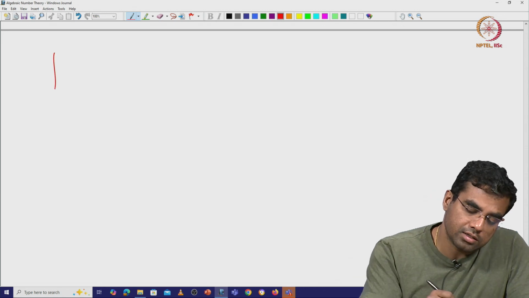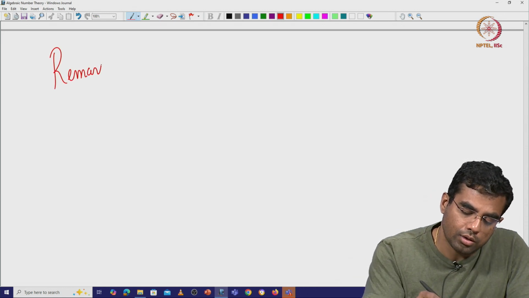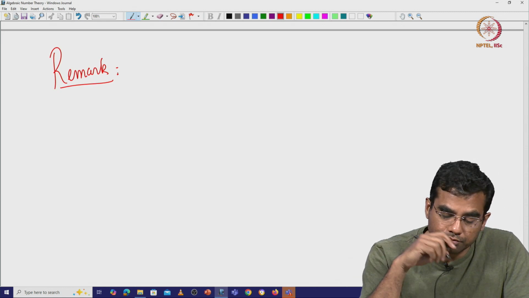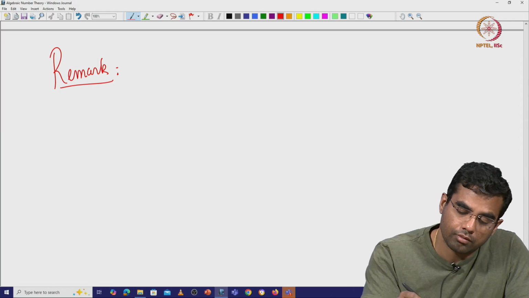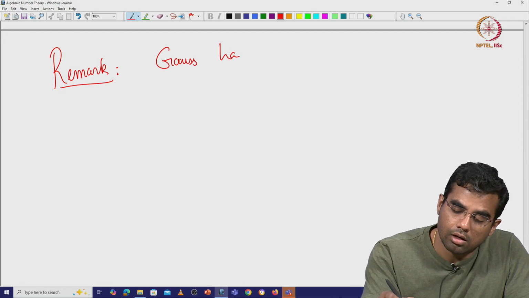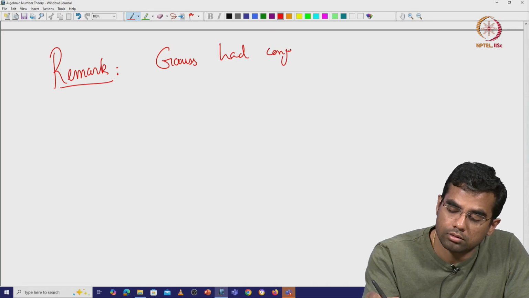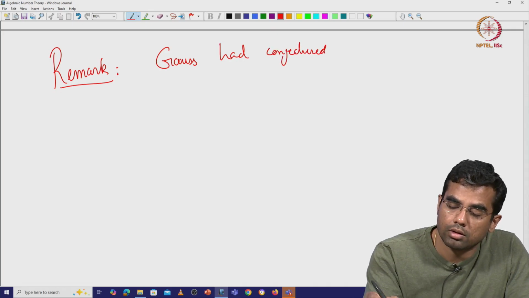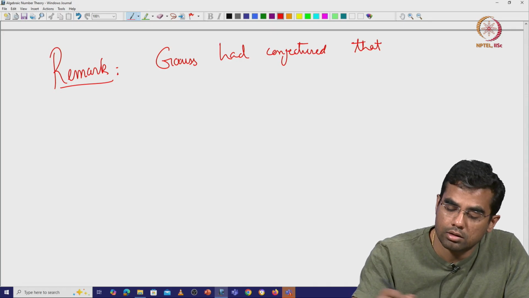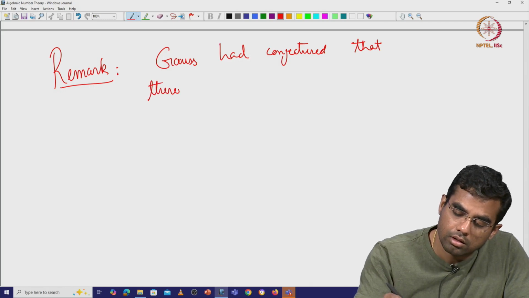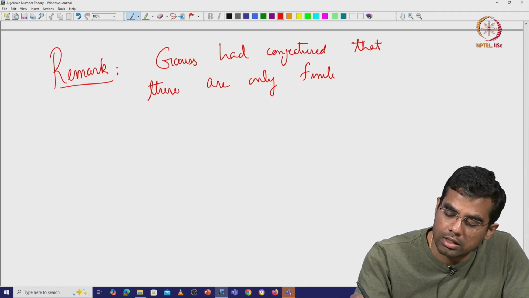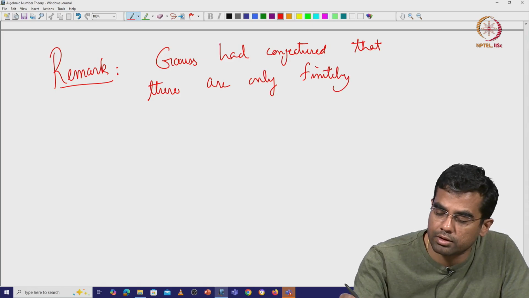So, maybe I will just make some remark about how rich this theory is. Gauss had conjectured that there are only finitely many, and in fact, he gave a list of 11 number fields.